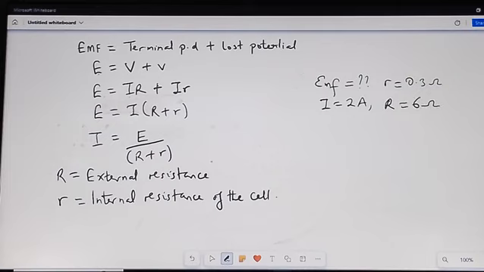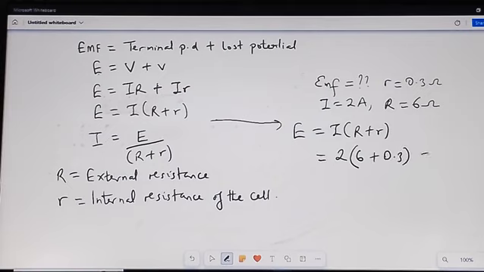We are asked to find the EMF. We simply use this expression: the EMF is equal to I into capital R plus small r. The current is 2 ampere, capital R is 6, small r is 0.3. So this implies that our EMF is 2 times 6.3, so that our EMF is equal to 12.6 volts. It's that simple.